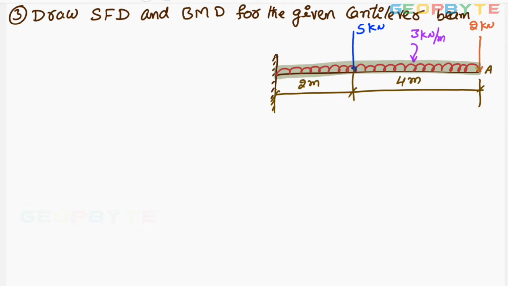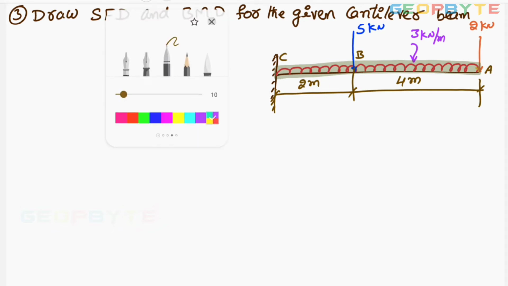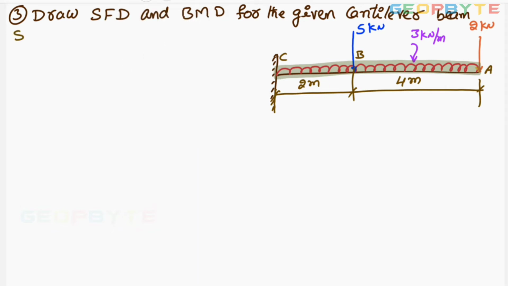At A, a 2 kilonewton point load is acting. At B, a 5 kilonewton point load is acting, and let C be the fixed point, the fixture. Now for this, let us have the shear force calculations.